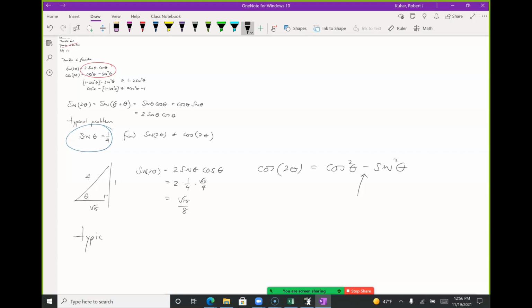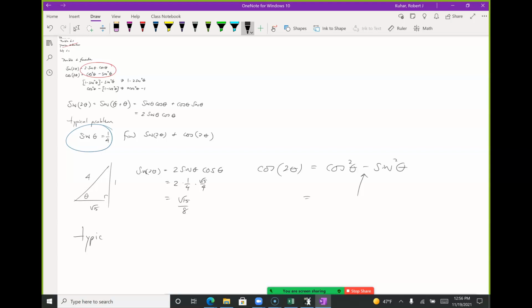What if that middle sign was positive, meaning the angle is negative? Then I get cos squared plus sine squared, which is always what? Always 1. So I can kind of remember that middle sign's got to be negative, can't be positive.